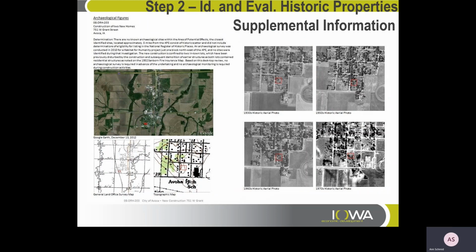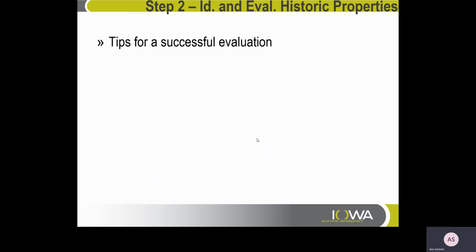I've identified where my disturbance is going to be, and then I've written out a narrative about why I believe that there is no further compelling evidence that would require an archaeological survey. As such, when you have this level of information, you're able to make that determination. If you don't go through the documentation process, you can't just say, I don't think there's archaeology there. You have to say, there were no historic buildings there, or the river meandered nearby, or whatever your justification is.